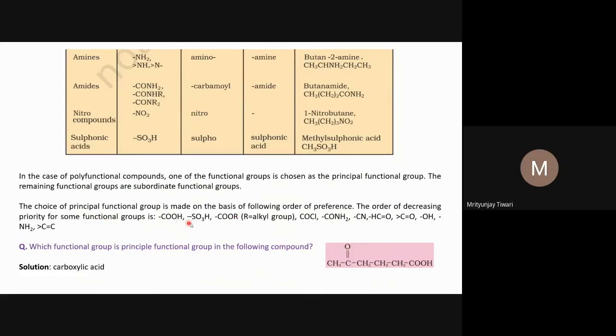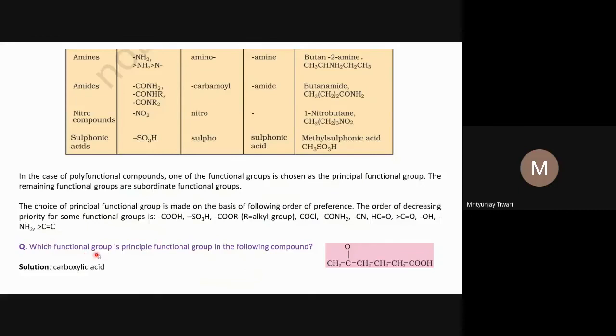So this order you should also remember: carboxylic acid, then sulfonic acid, then ester, then acid halides or acyl halide, then amide, then nitrile, then aldehyde, then ketone, then alcohol, then amine, then alkenes.